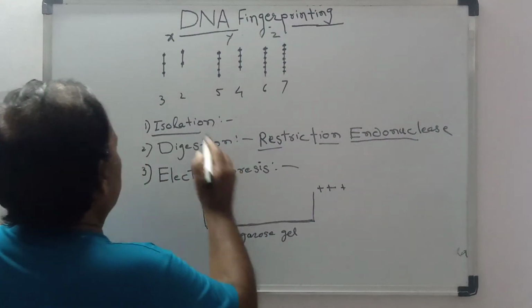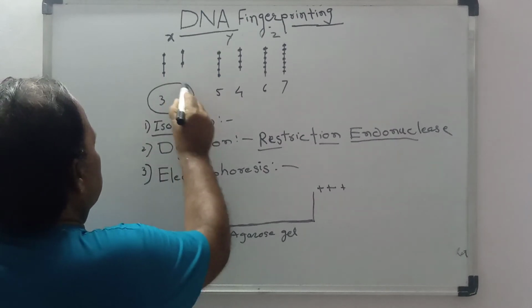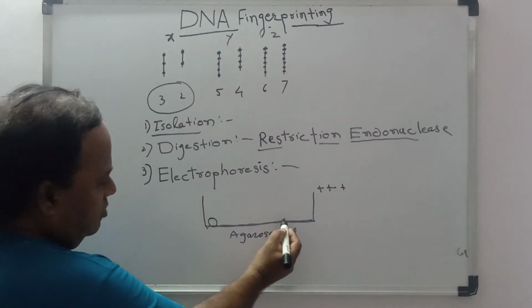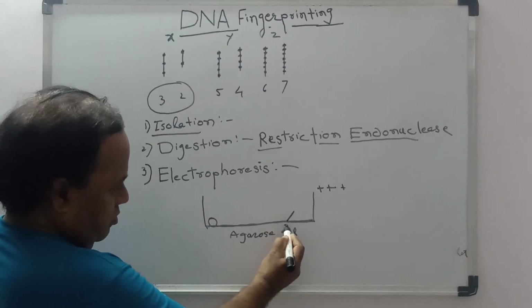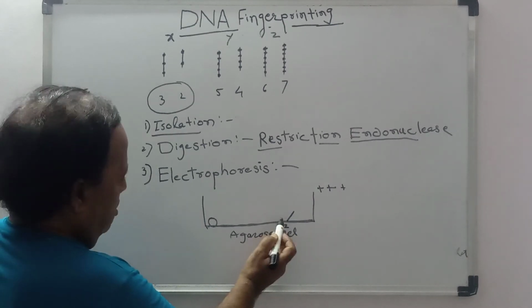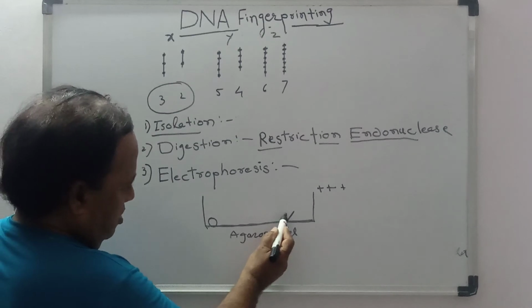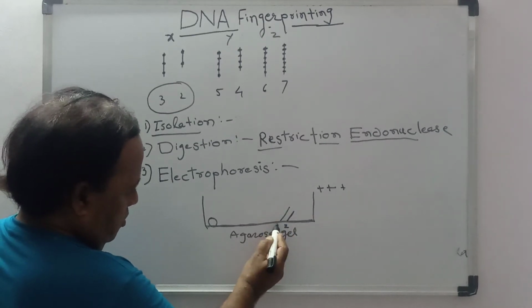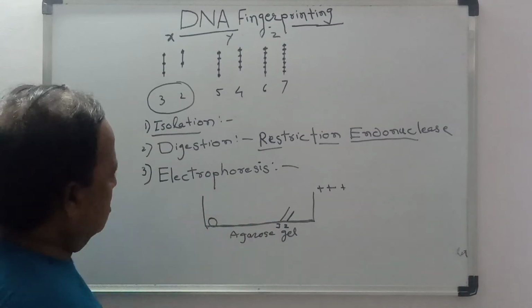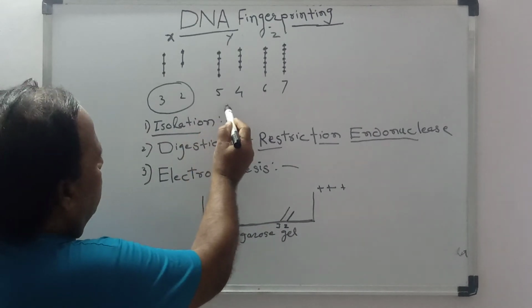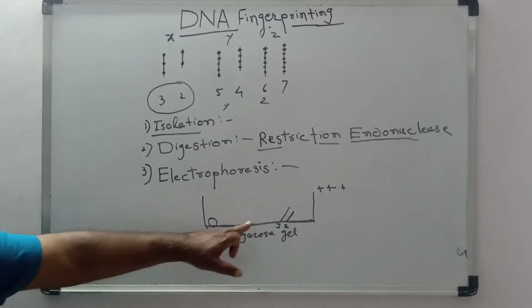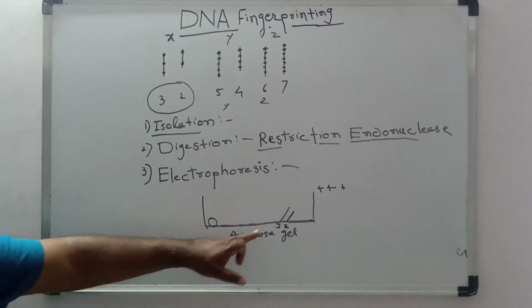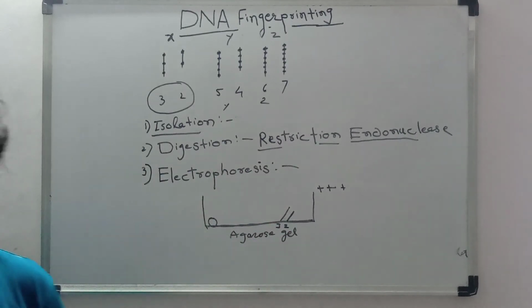So suppose in case of X, two types of bands will form here. This will be 1 or 2 and this will be another, or 3. Likewise, the bands will form from Y and Z. Okay. So, electrophoresis will help us to separate the DNA fragments.